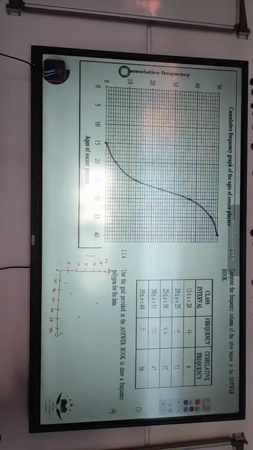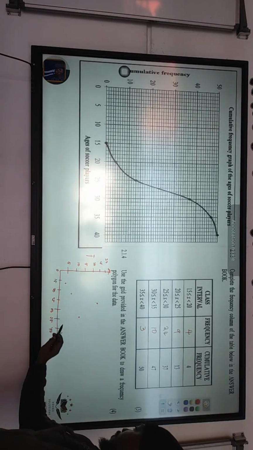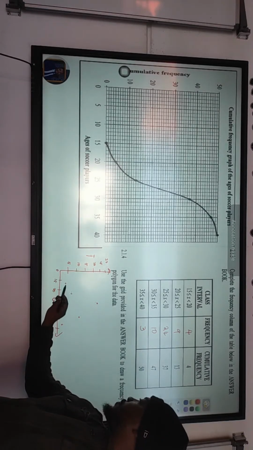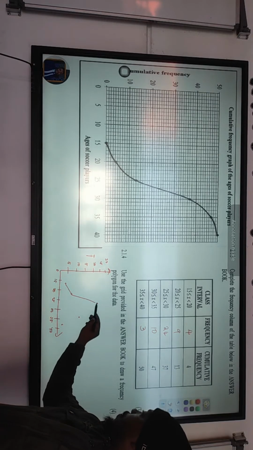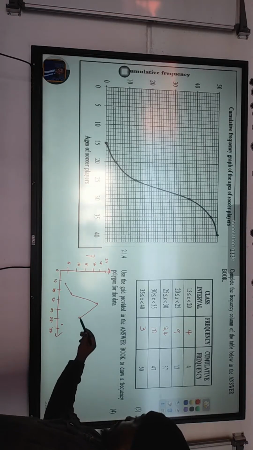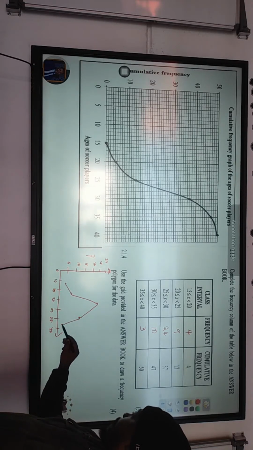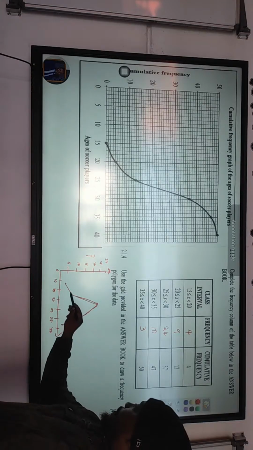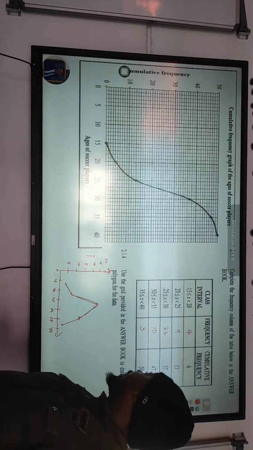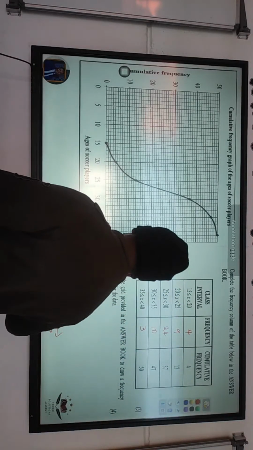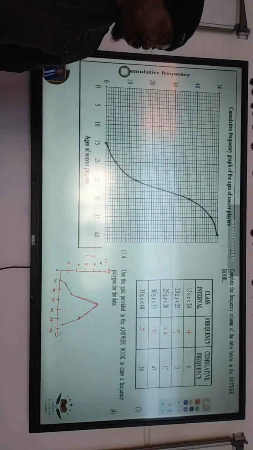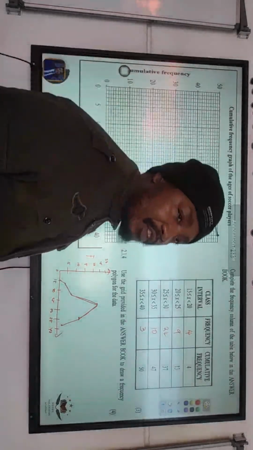And for 35 and 40, it will be at 3. Let's put it lower. And then you just combine. And if they ask you to ground it, you can ground it at 15. But normally we don't ground the frequency polygon.